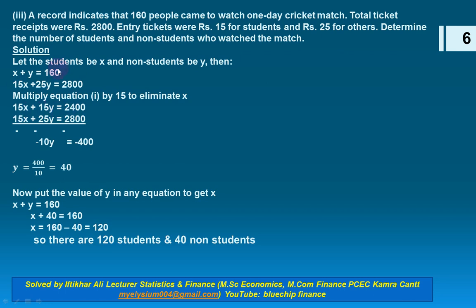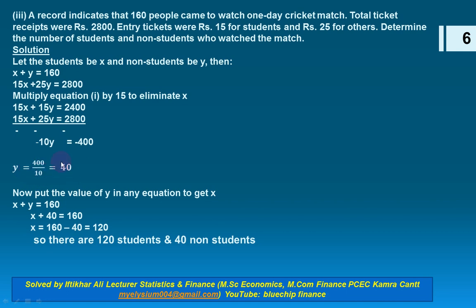We multiply the whole first equation by 15 and just change the signs, and this plus 15x will be eliminated by this minus 15x, and the remaining will be 15y minus 25y equals minus 10y, and equals 2400 minus 2800 equals minus 400, and both minus signs will be cancelled, and this 10 which is multiplying here, when it goes to the other side of the equation it will be divided. So y equals 400 divided by 10 equals 40.